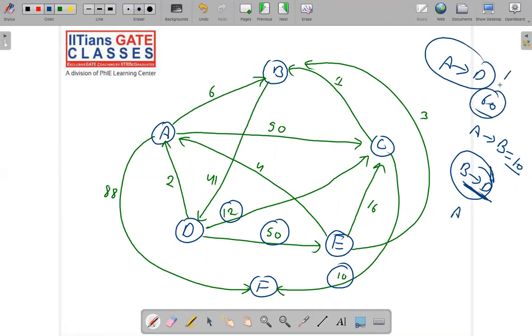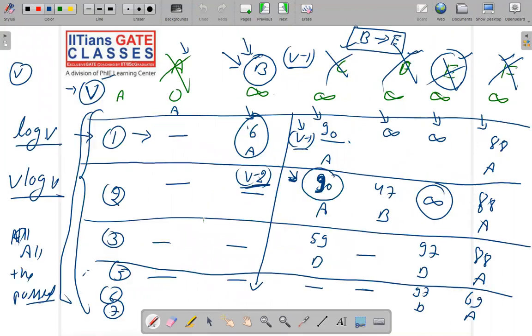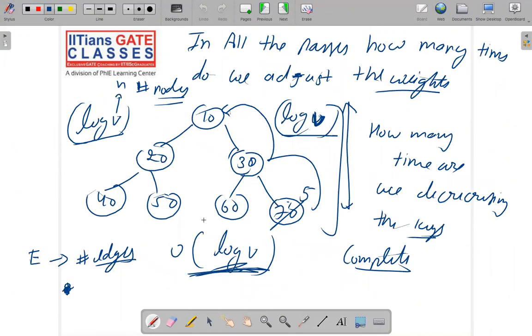This 60 can be replaced only if there is an edge between B and D. So if you consider B, now you can consider every other node. The reduction can happen only E number of times, where E is the number of edges.